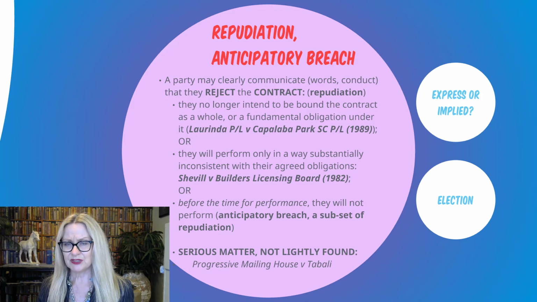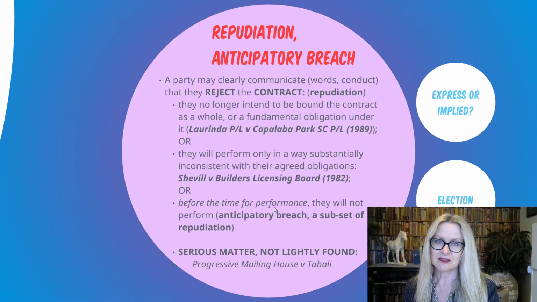Repudiation is a very serious matter. It's not lightly found, and often you'll get a series of fairly unacceptable conduct by one party, and it still won't add up to what the court says would be enough of a signal that they're going to repudiate the whole contract. But you will find that there is a tipping point.